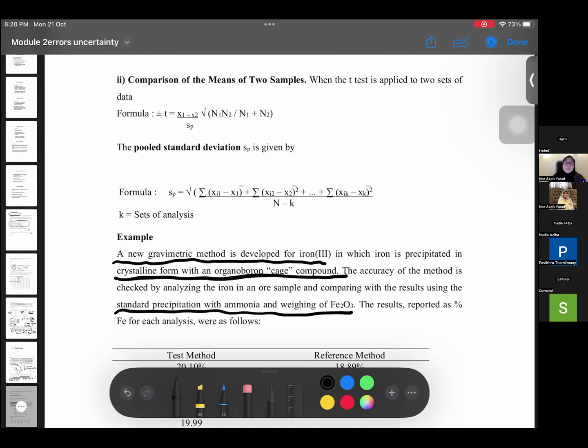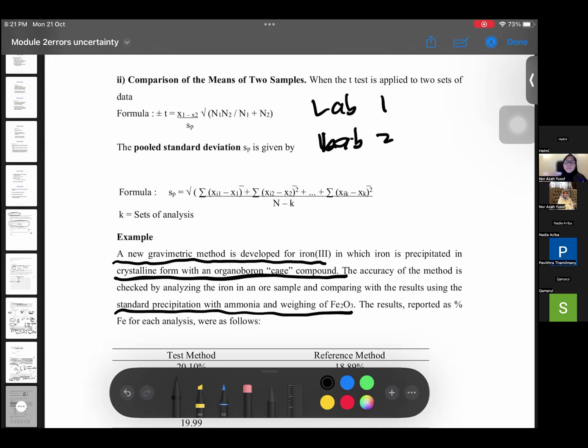Okay, so let's say it's not about developing a new method. It's about doing an analysis, and we are using the same standard procedure, okay? But we have different labs. For example, lab 1 from company 1, lab 2 from company 2. You're doing a very expensive analysis and you want to be very sure.